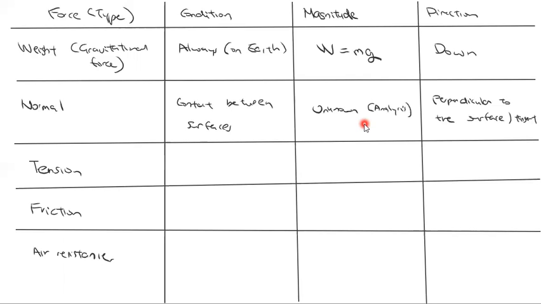I'll just briefly cover them here, but we will talk about them more later. So tension is basically when you've got a string. Magnitude is also unknown, also relies on analysis. And the direction is always along the string.